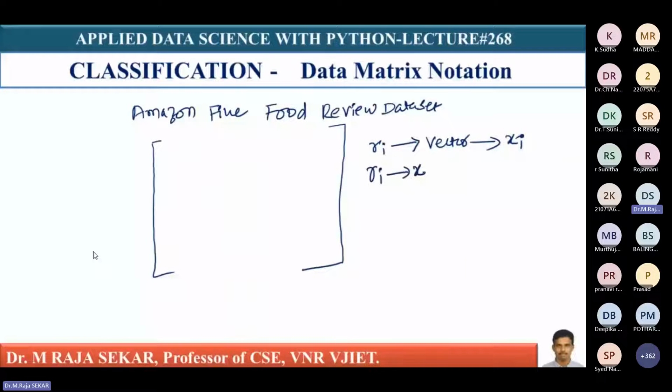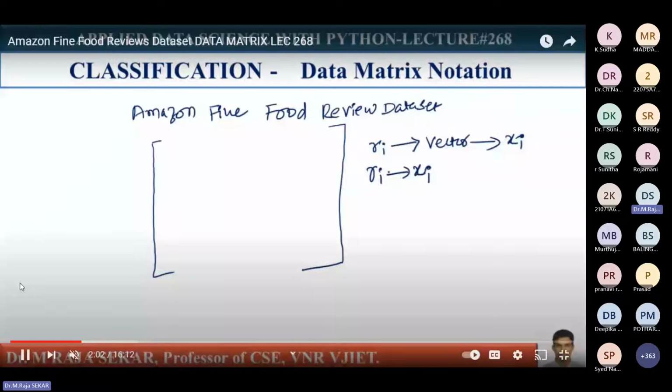Therefore, we need some sort of feature engineering. I already skipped a few lectures, and those skipped lectures teach us how to do feature engineering. Let me say Ri. Ri means my ith review. R1 means my first review, R2 means my second review, R3 means my third review.